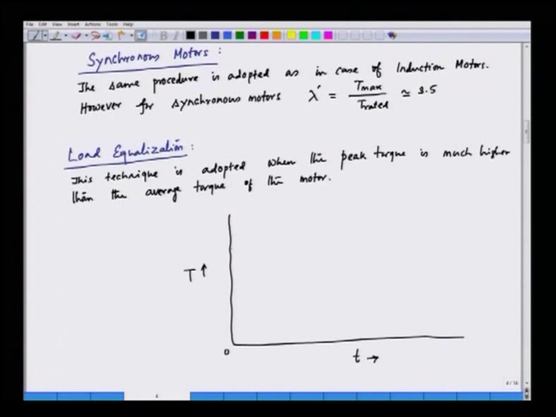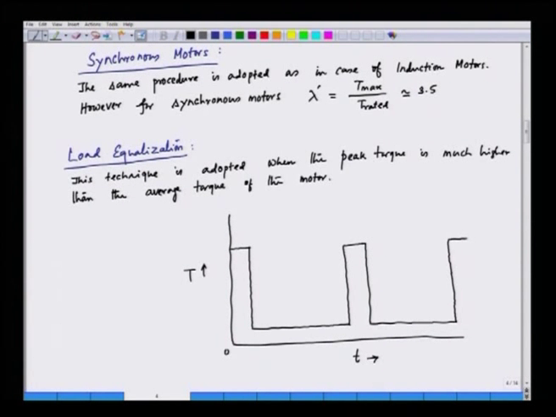We have a high value here, then we have a low value, then it is remaining low for a significant amount of time, then it is becoming high once again, and then it is again becoming low and remaining low for a significant amount of time, and then becoming high once again, and it is periodic.